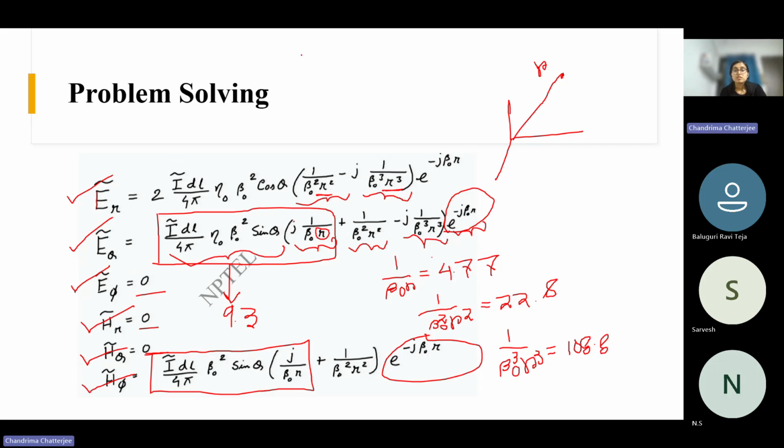So now if we just write it in numbers, we have 9.3 angle 30 degree. Why? Because the current phase angle was 30 degree.